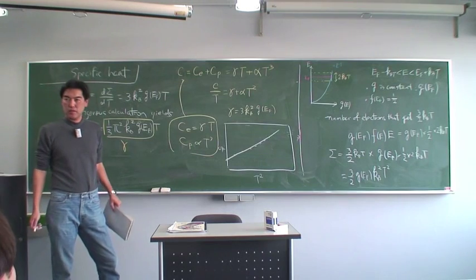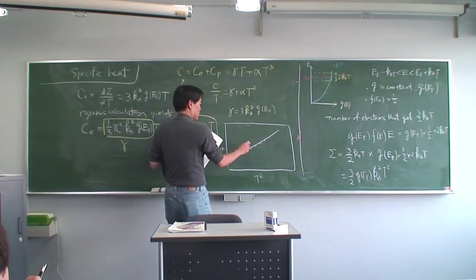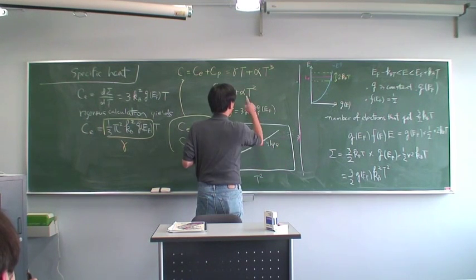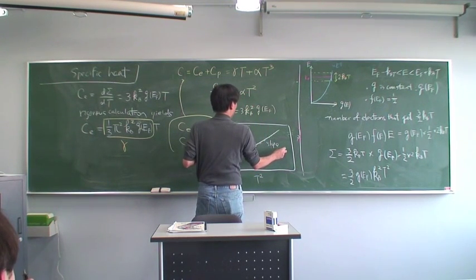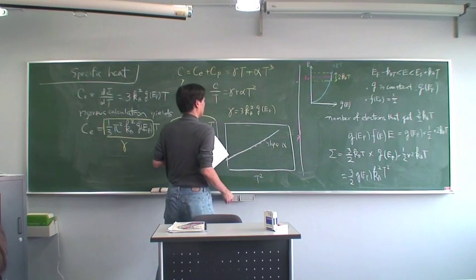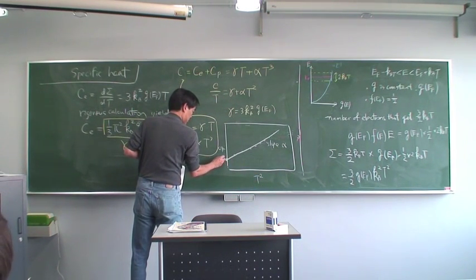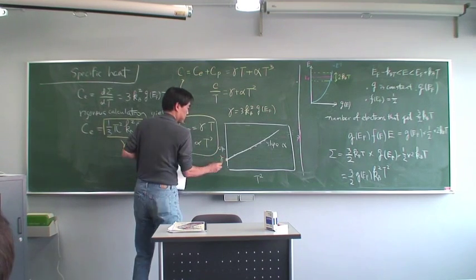The slope is alpha, and the intercept here provides gamma.